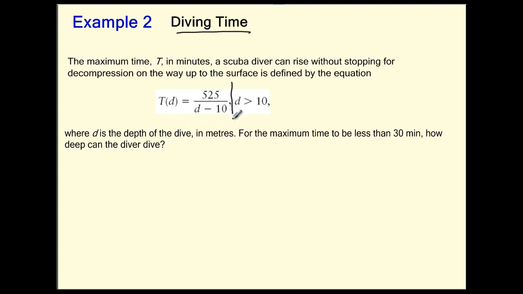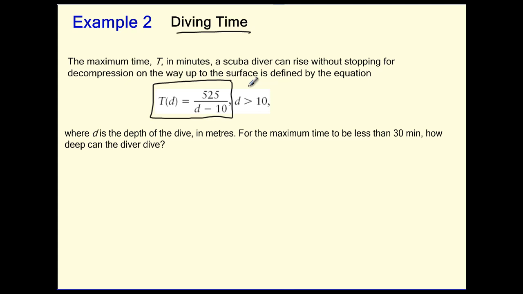So here is the equation, and then they give us a restriction where this formula is only valid when the depth of the dive is greater than 10 meters. So from 0 to 10 meters, they're saying decompression really isn't a factor. You're not going to get buildup of nitrogen in your bloodstream, what we sometimes call the bends, which can be severe cramping, and in the worst case death could be the result of having this huge buildup of nitrogen in your bloodstream.